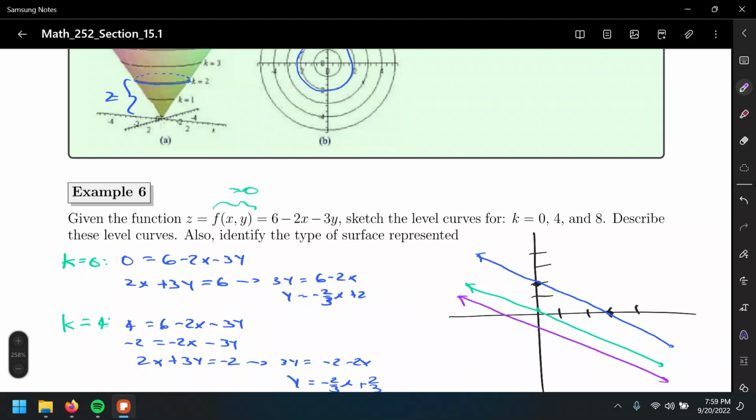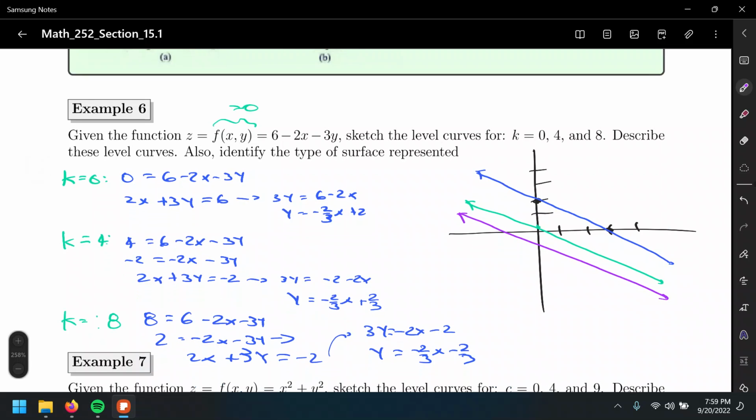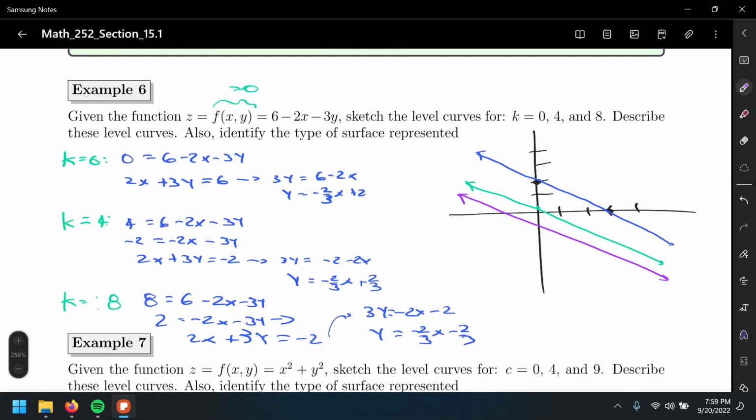We would have 3 planes, at least for these 3 values of k, but we can have more planes if we did these different level curves, or rather level lines, for more values of k. The next one will be for sure more interesting to create.